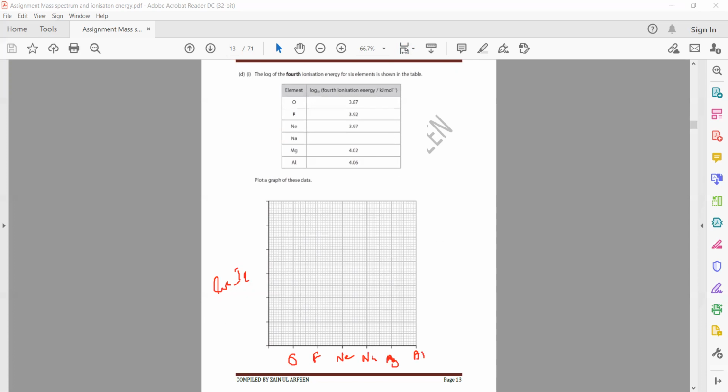There are 6 elements. The values are from 3 to 4, so I don't have to start exactly from 0. I can start with 3.